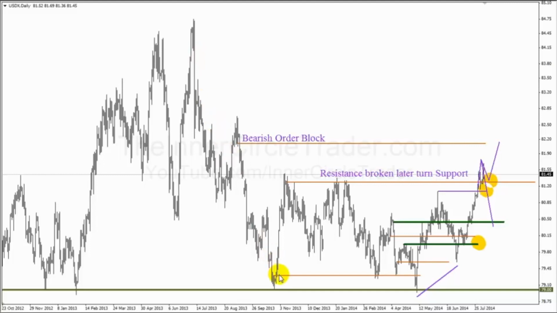When the dollar rallies, anytime the price of the dollar is rallying up, depending upon what time frame you're referring to, obviously this is a daily chart, this would be a swing in between this low and this high. This would be classified as a risk off scenario. Risk off would be the dollar rallying.